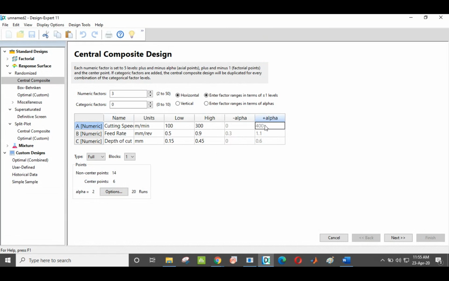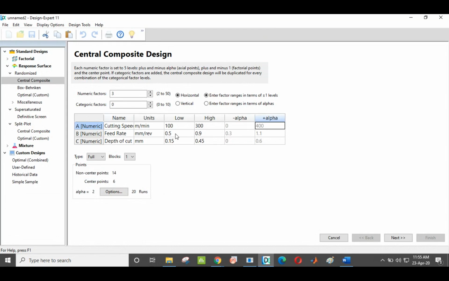The system has calculated the middle value as 200, so the difference is 100. That difference will be subtracted from the low value, so 100 minus 100 is 0. Similarly, the difference is added to the higher value, so 300 plus 100 is equal to 400.